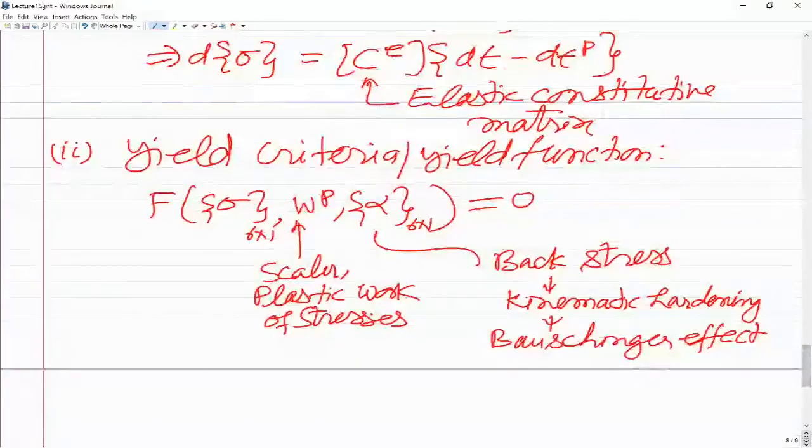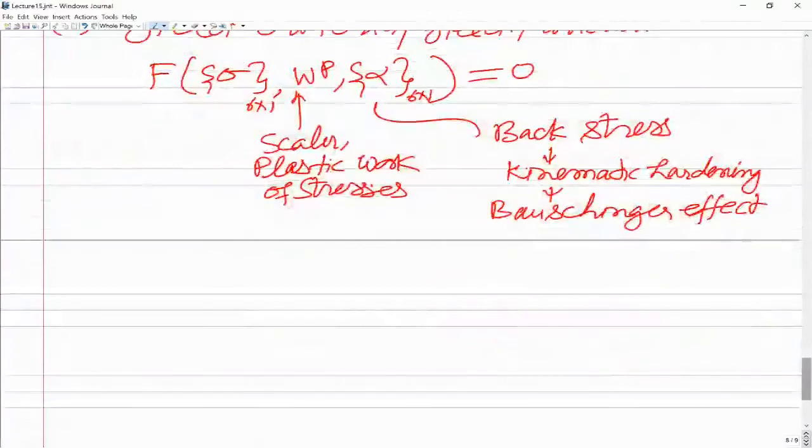If you use the von Mises yield criterion, then the expression of F would be in the form of the von Mises stress. If you are using the Tresca criterion, then F would be in the form of the Tresca criterion. So there are different criteria; according to the problem you are handling, you have to decide what yield function you want to use. Then, since I am talking about hardening, let me first introduce what is known as isotropic hardening.